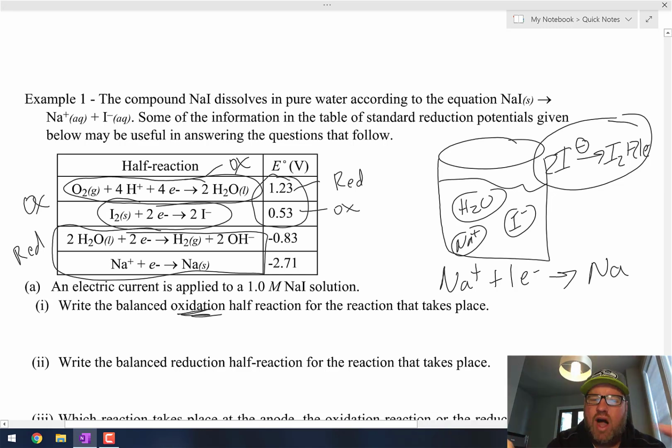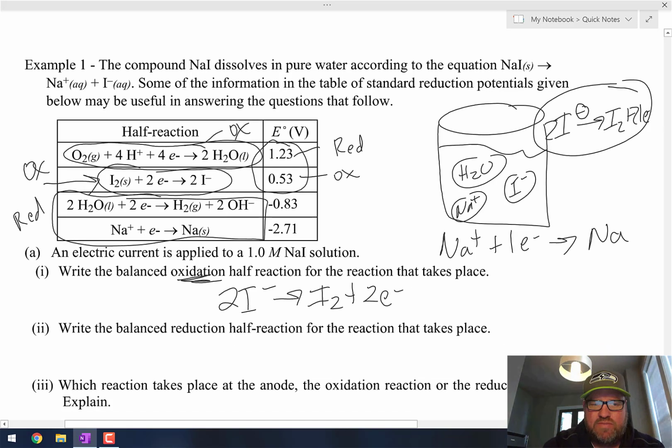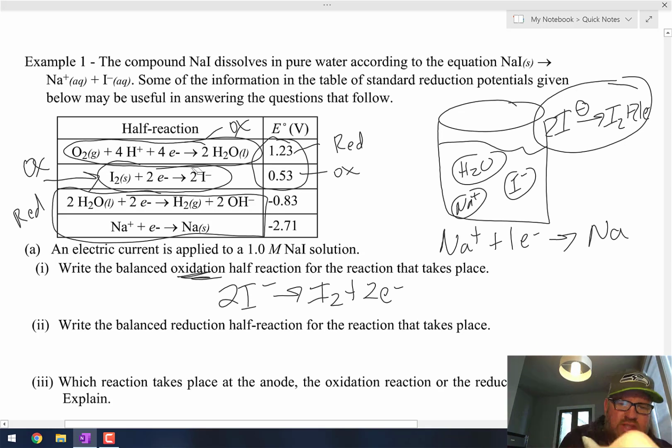So what is the oxidation half reaction? It's this reaction right here, just written as an oxidation. So it's going to be 2 I minus becoming I2 plus 2 electrons. And again, how do we know that it's these two up here that have to be oxidized?